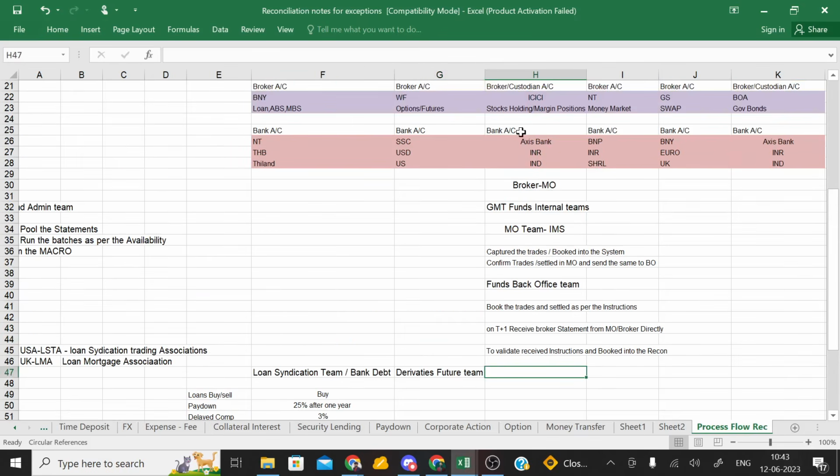So there would be different teams: normal equity trade processing team, who book trades from the broker platform, then a money market team, then OTC swaps, OTC GSEC, government securities.